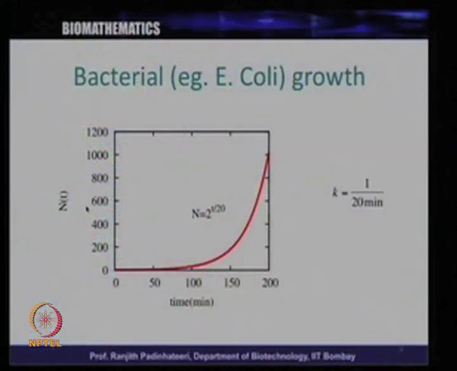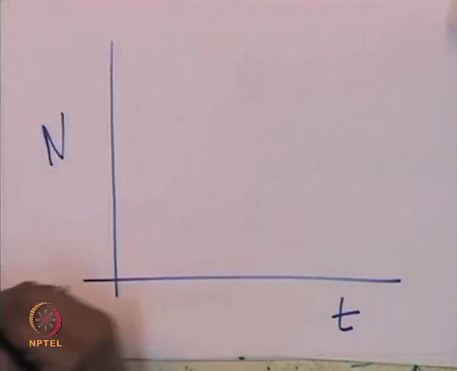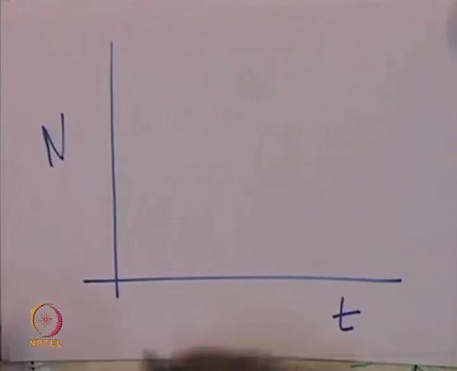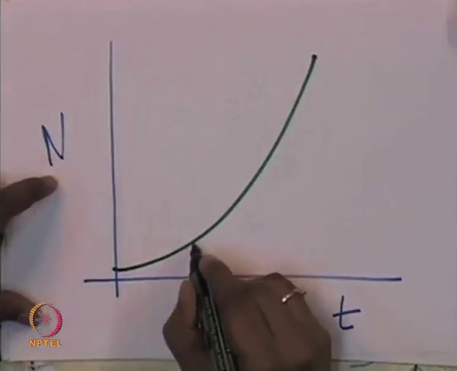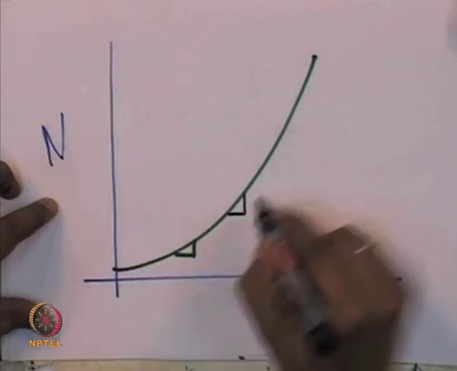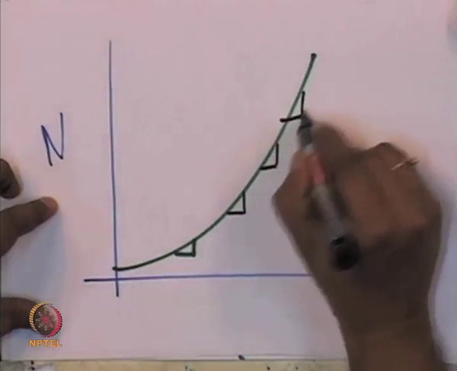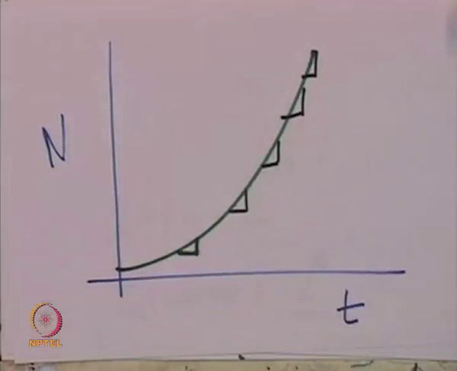If you have a curve which is exponential, let us just plot it here. We have time and number, and if we plot it, it is an exponentially growing curve. If we calculate the slope at every point, the slope at each point is different. The slope here is different, slope here, slope here. If you try calculating the slope at each point, you will find that the slope itself is varying.